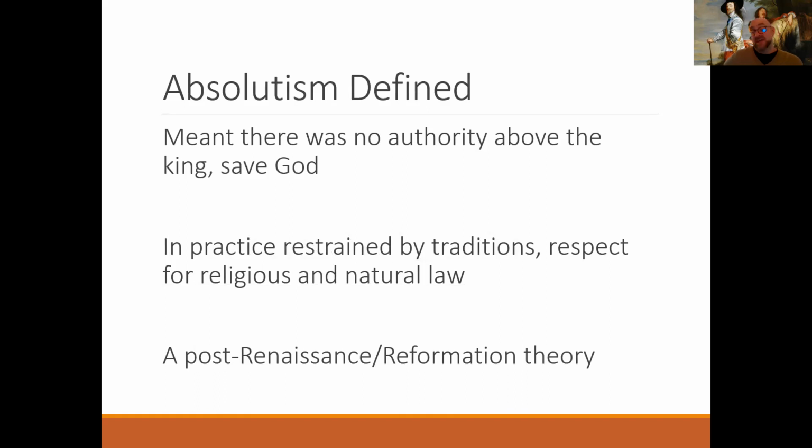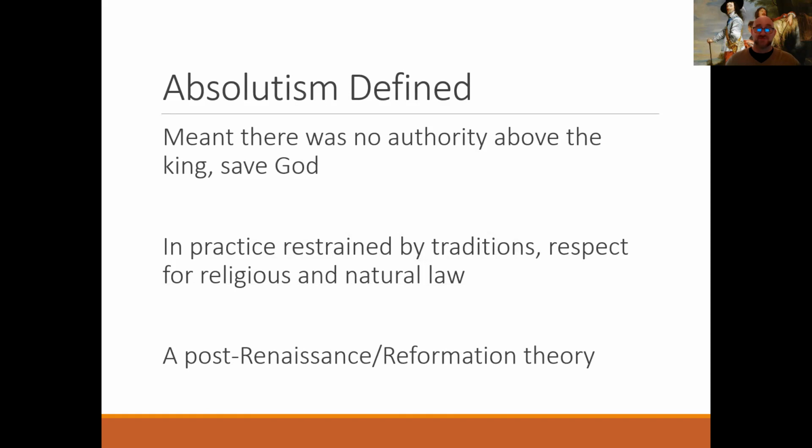And in principle, he can, in theory, involve himself in any aspect of the state that he wishes. In practice, he is restrained. He is restrained by traditions of government, local government, as we'll see, very restrained, by traditional rights granted to people in the past by monarchs.